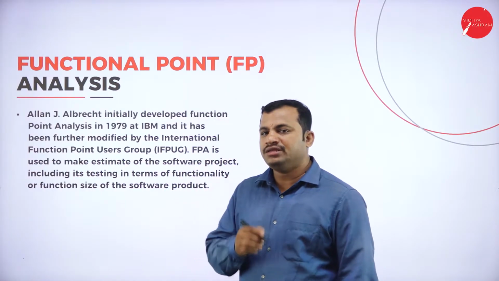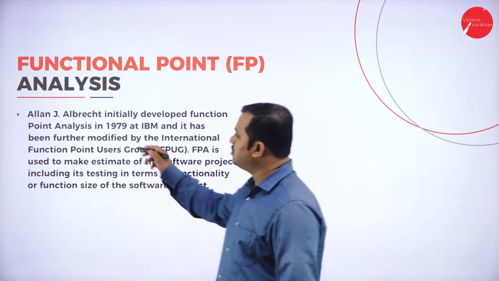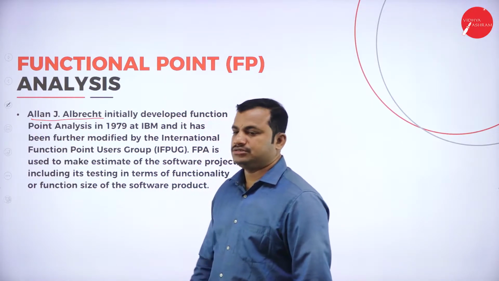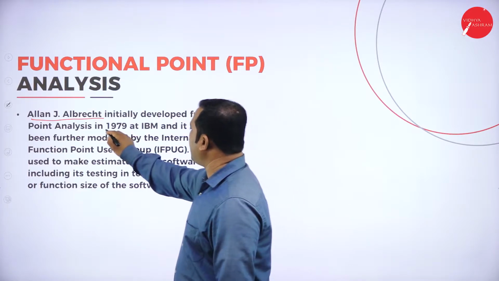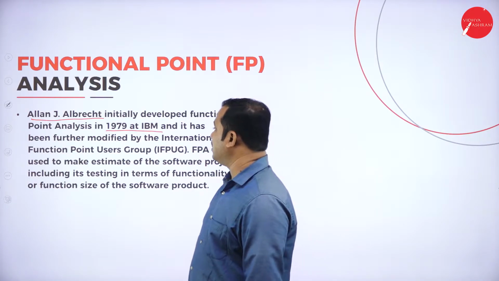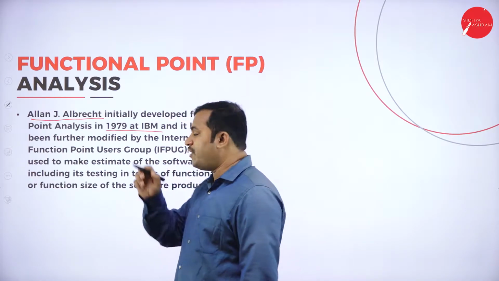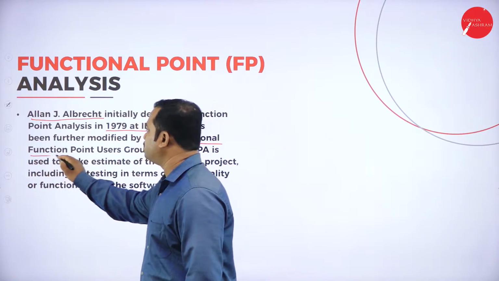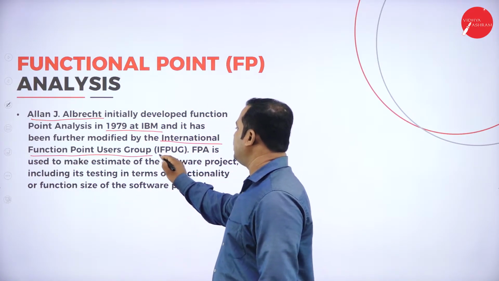Initially, this function point analysis was proposed by Alan J. Albrecht. It was developed at IBM Laboratories in 1979. Later, it was modified by the International Function Point Users Group, also called IFPUG.